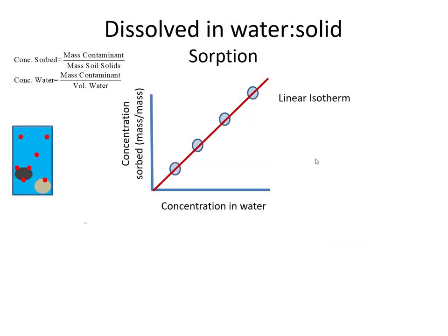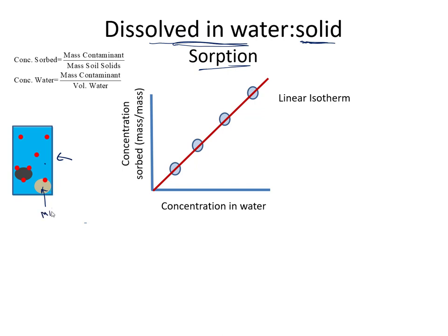The reason I want to point this out is because this next partitioning topic is the partitioning between the dissolved contaminants in water and the solid phase of the porous medium. And this will be called sorption. So here's our experiment. We've got some water, and now we have some solid compounds.